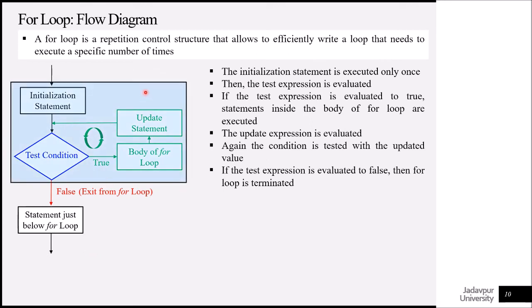So this is the entire loop which is set up, and it contains an initialization statement, a test condition, and an update statement. Obviously, there would be multiple statements inside the body of the for loop as well.